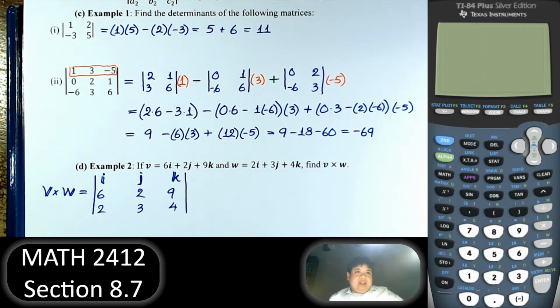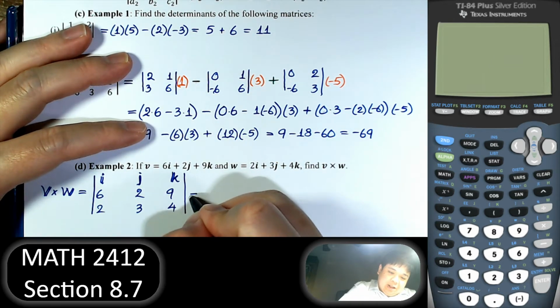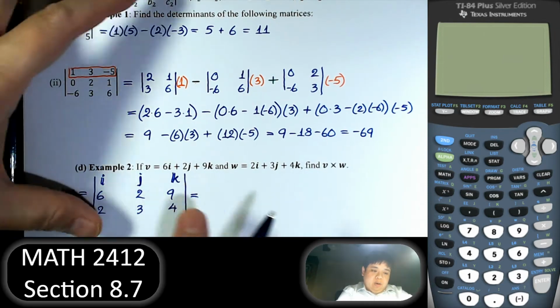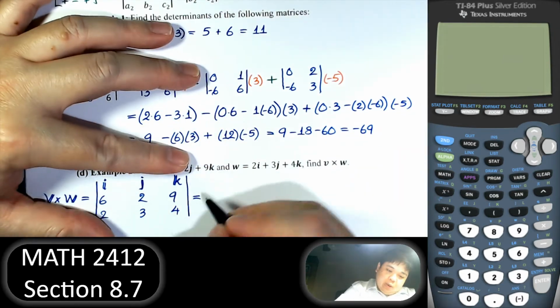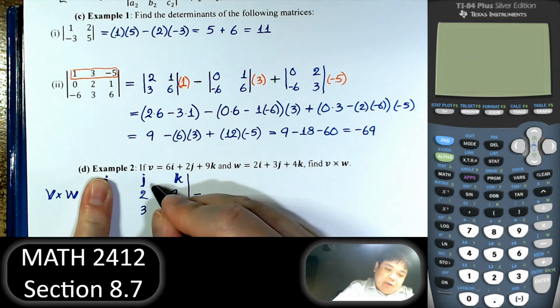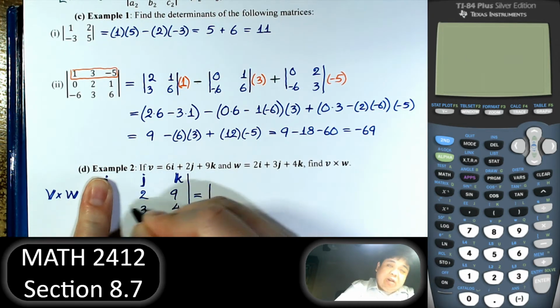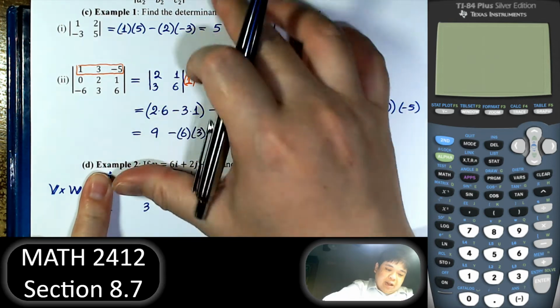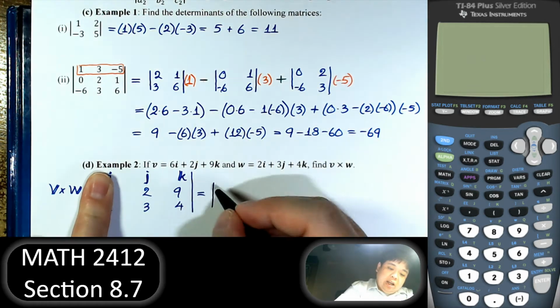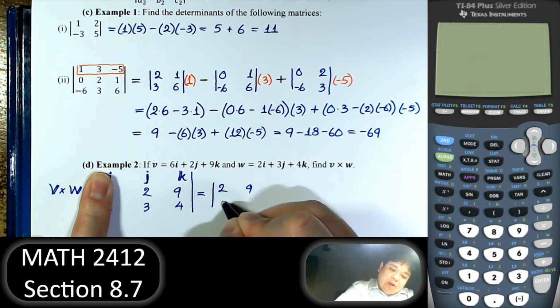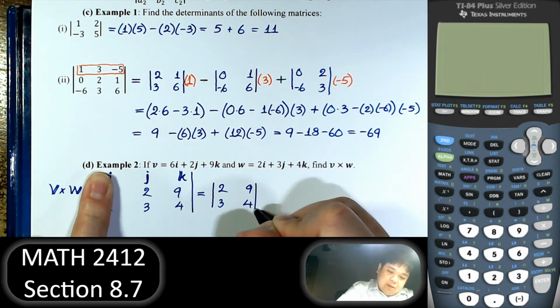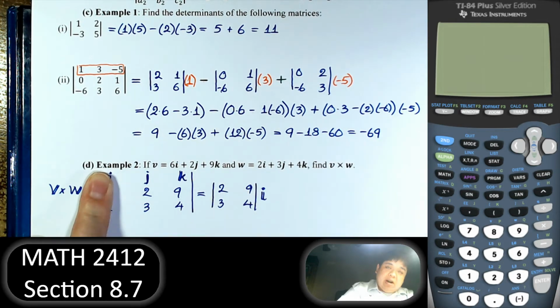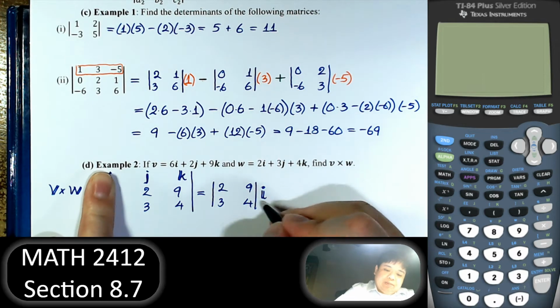And then the 3x3 determinant should be easy, right? For component I, we do everything with respect to the first row. So cover the first column and the first row, and with respect to I, we are left with 2, 9, 3, and 4. And then multiply by vector I.